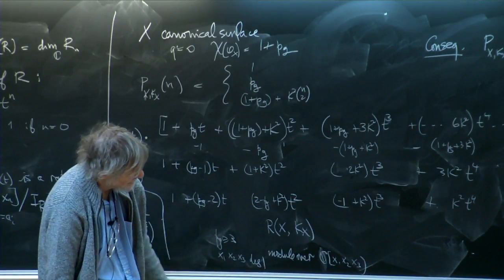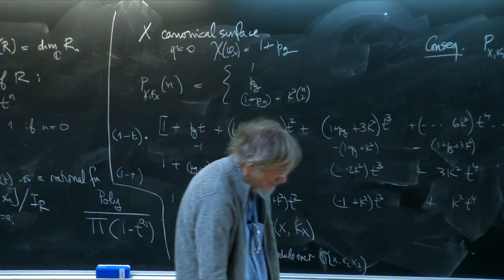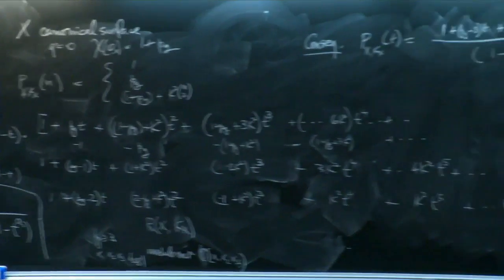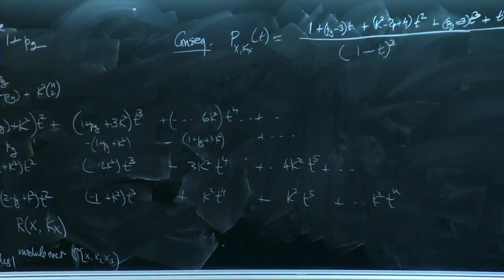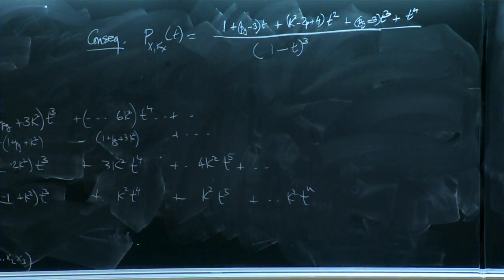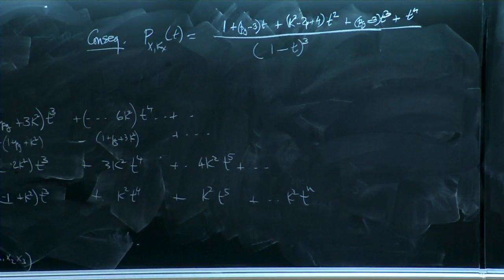You can make that rigorous, but I'm just saying this is a way of remembering the formula. What else is special about the formula? Well, look at the numerator. The numerator has this symmetry. It's palindromic: reading from front to back is the same as reading from back to front.